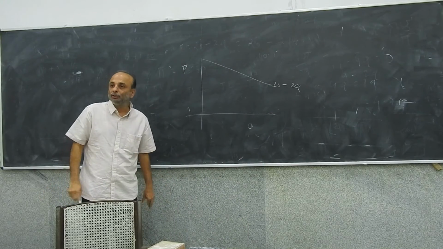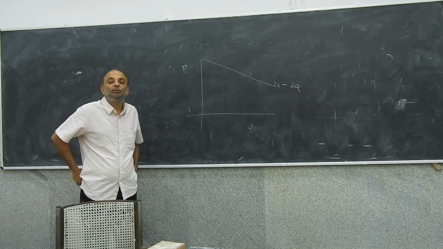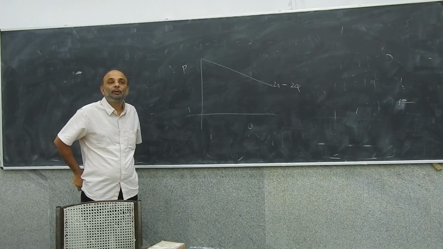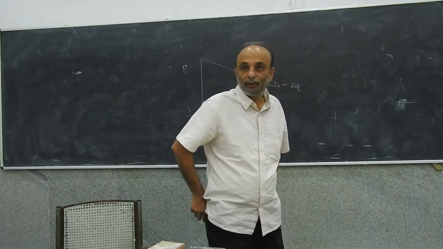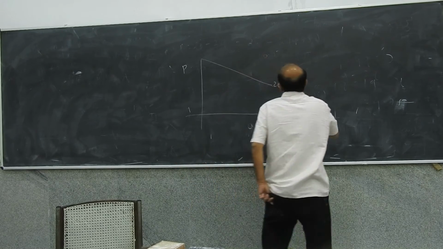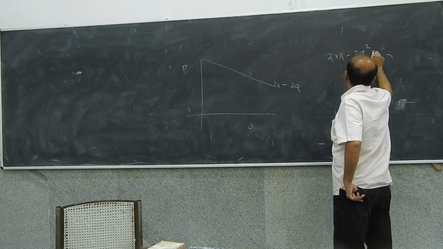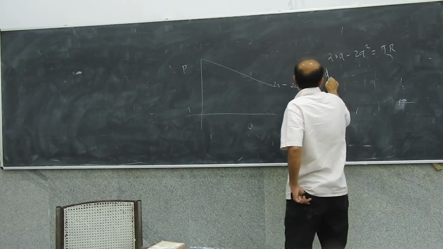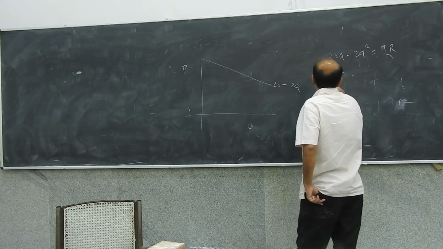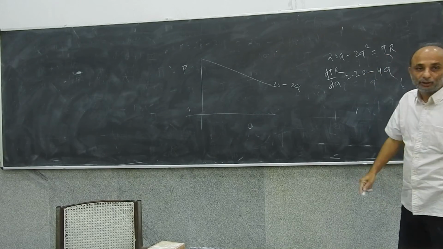What is the marginal cost? What is marginal revenue? If you differentiate total revenue with respect to Q, you get marginal revenue. Total revenue is 20Q minus 2Q square. Differentiating with respect to Q, you get 20 minus 4Q.